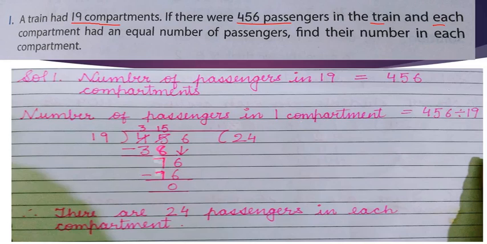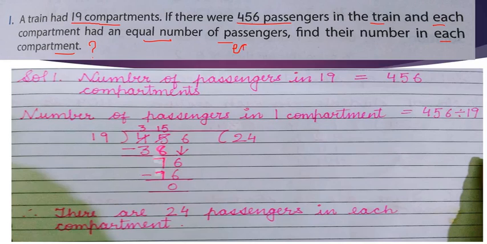They are simply saying that if a train is divided into compartments and in each compartment there are an equal number of passengers, then find the number in each compartment. That means from here you get a hint that they are basically asking the number of passengers in each compartment.